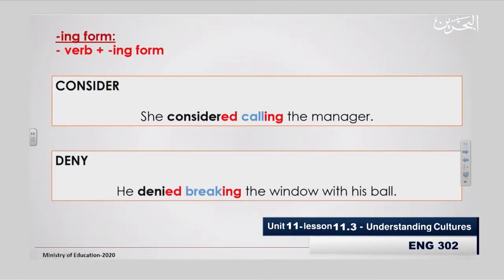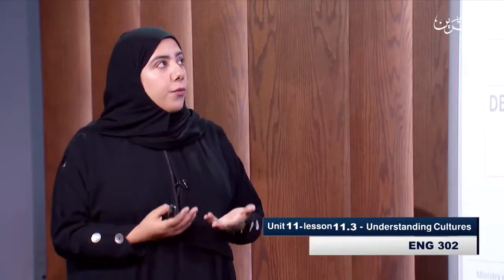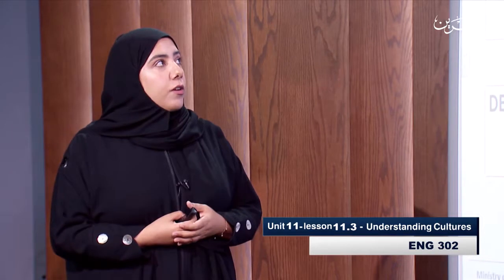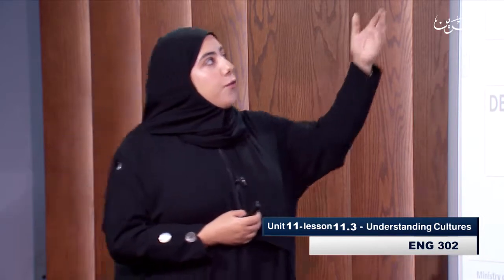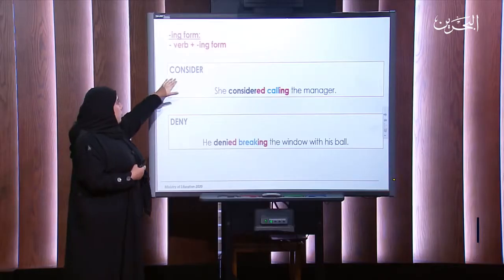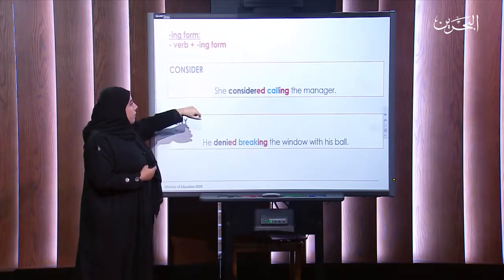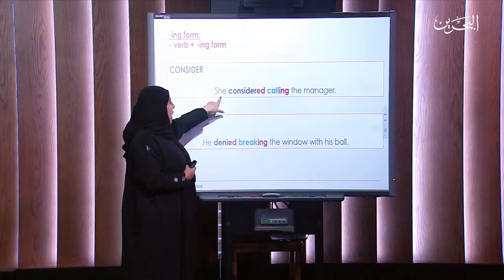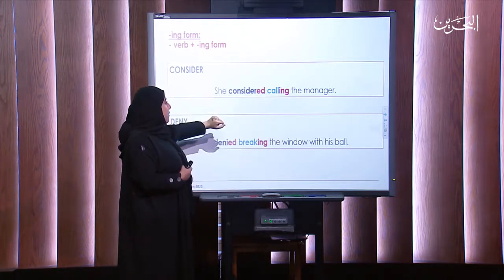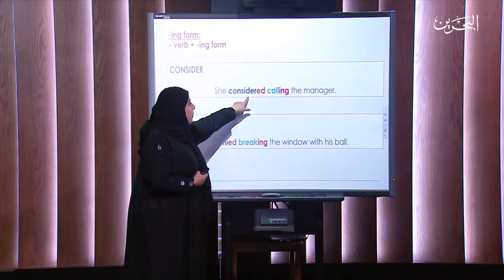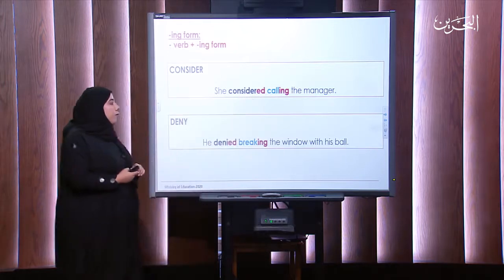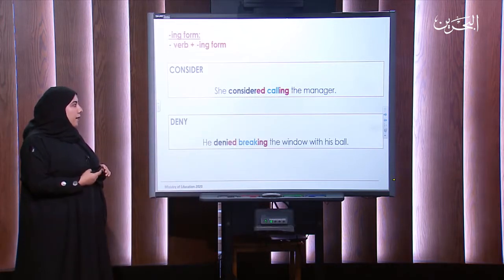The third type of reporting speech, number 1, the verb plus ing form. So you have consider in a sentence. She, as we said before, is the subject, considered, plus the verb with ing, which is calling the manager.